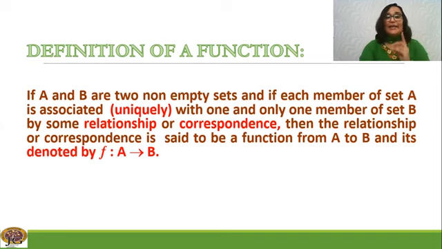One and only one member of set B. That means each element of your set A must be uniquely associated with, or have some relationship with, one and only one member of set B. So this kind of a relationship or correspondence between the set A and B elements is known as a function. And how is it denoted? A function is F, denoted by A, that is your first set, to B, which is your second set, right?